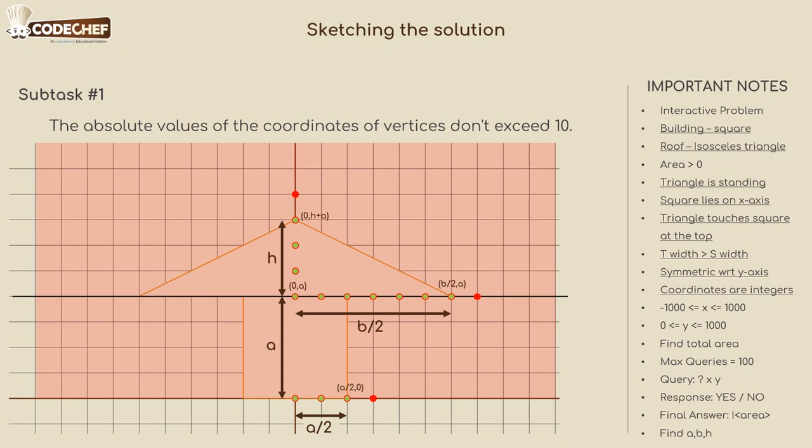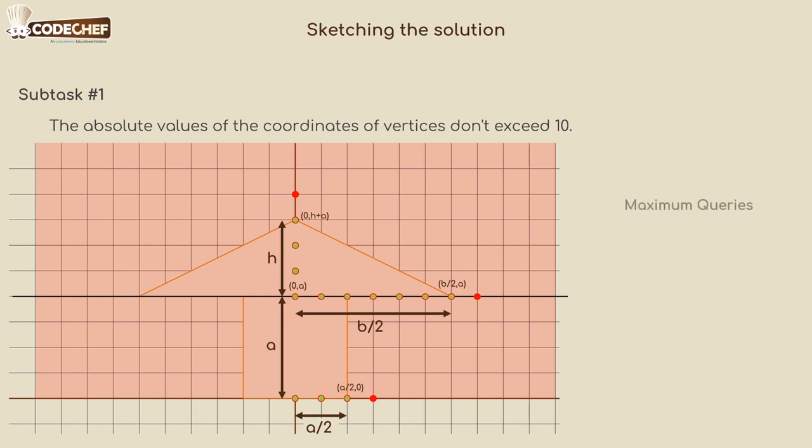So the maximum queries using this approach will be a by 2 plus 1 for finding the a by 2 length, b by 2 plus 1 for finding the b by 2 length, and h queries for finding h. This will give us a by 2 plus h plus b by 2 plus 2. Because a is a positive integer, adding a by 2 to the expression will always be greater than or equal to q.